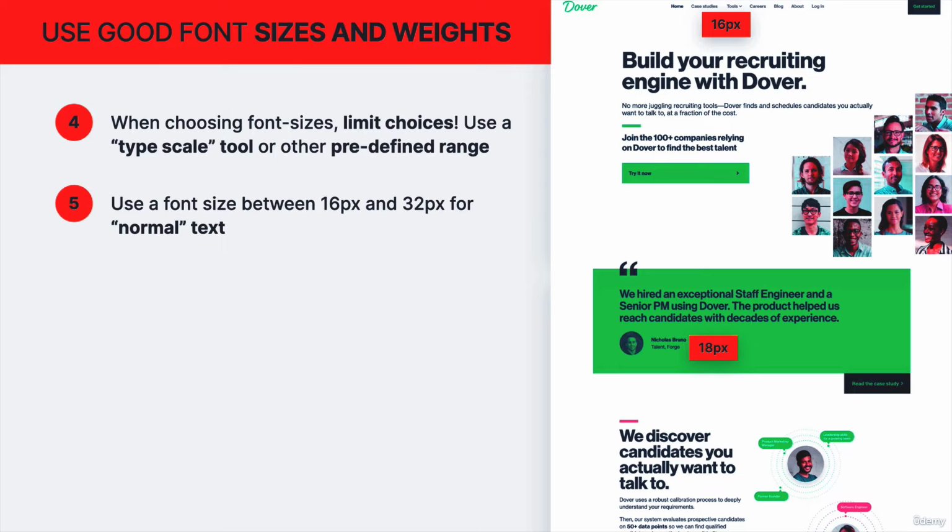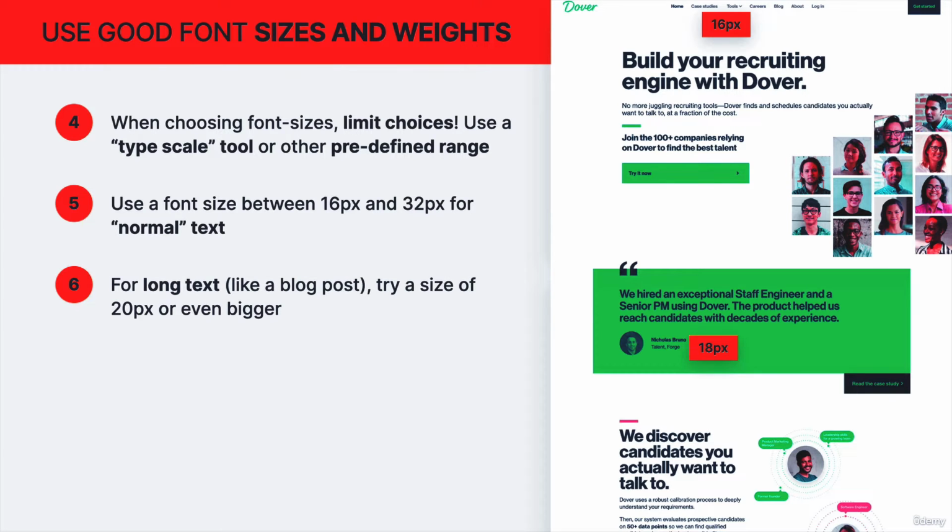And by the way, this is going to be a long list of guidelines like this, and so you should totally print out these slides to make it easier for you to follow them later when you design on your own. But anyway, for a long text format, you can try a font size of 20 pixels or even bigger, because if the user needs to read something like a blog post, it's going to be far easier if the text is a little bit bigger.